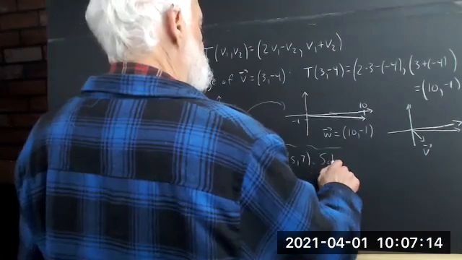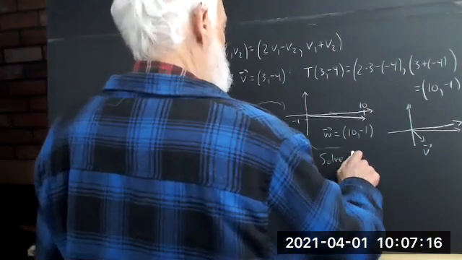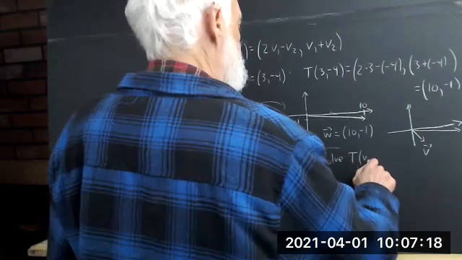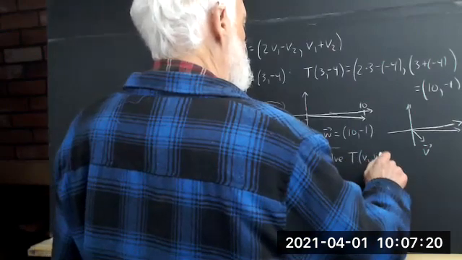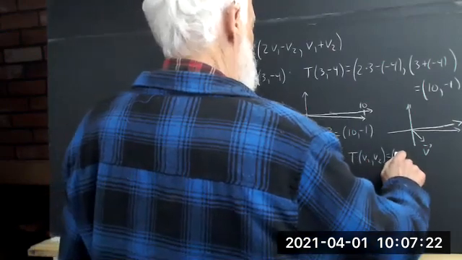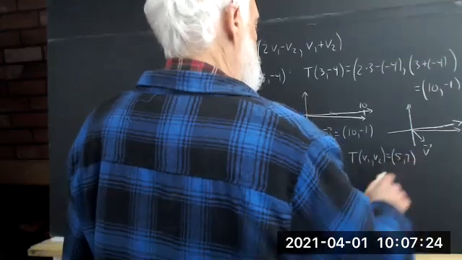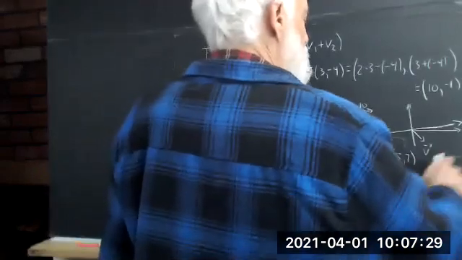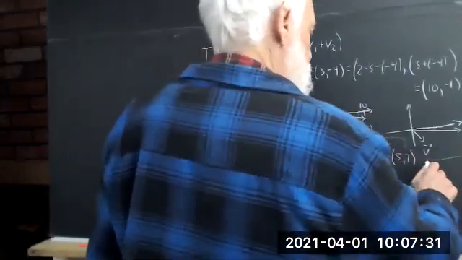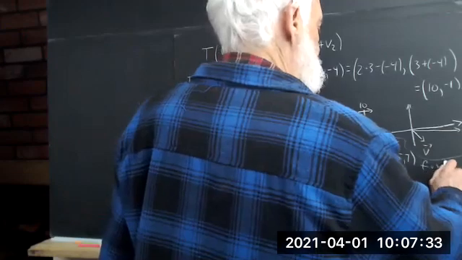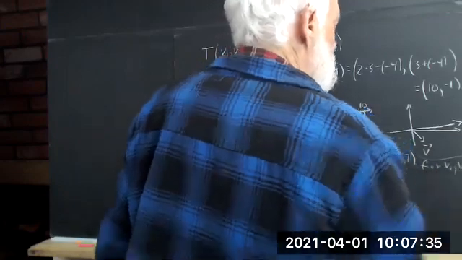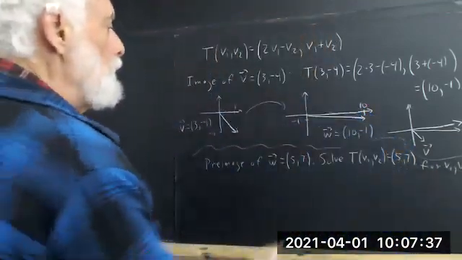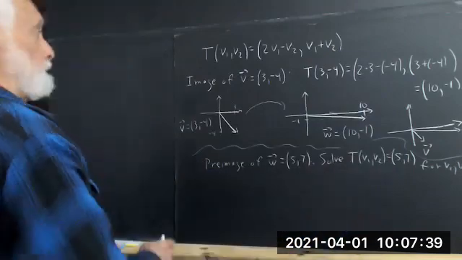This means we have to solve T of V1, V2 equals 5, 7. Name things very well here, for V1 and V2.